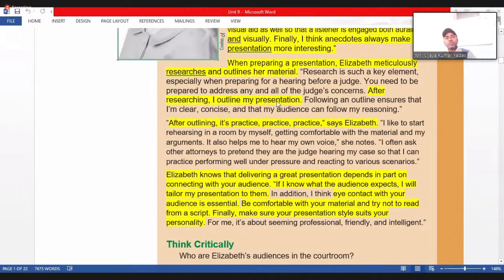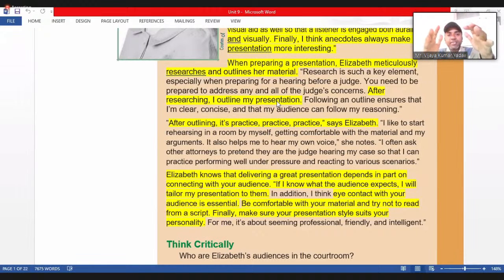So don't show any bad gestures before the audiences. You see, you are giving the presentation and sometimes you do like this, and sometimes like this. These are bad gestures, because if you perform like that, these things distract the attention of the audiences.